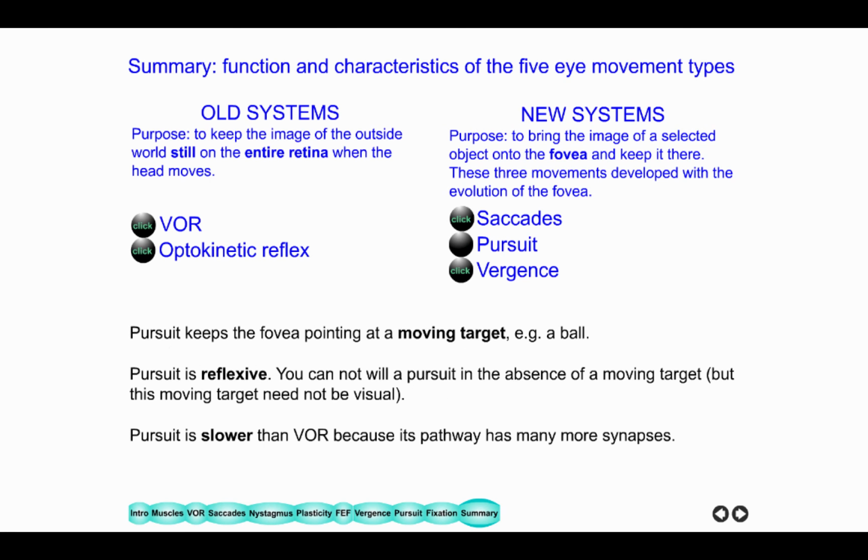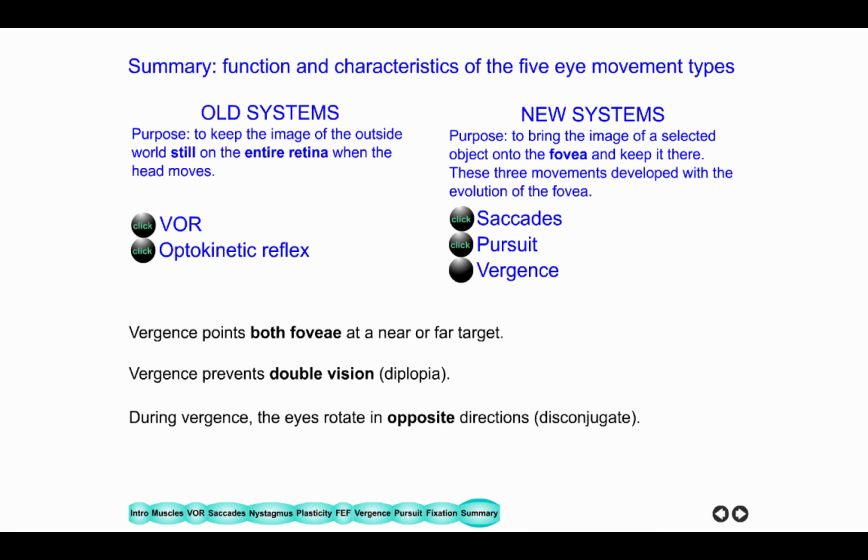Then you have pursuit, which locks in on a moving target. They're reflexive. In most cases you need something moving to elicit them. And they're slower than the VOR because they have a longer pathway that goes through that MSTL loop. And then vergence movements, they point each eye's fovea at the target if the distance changes.